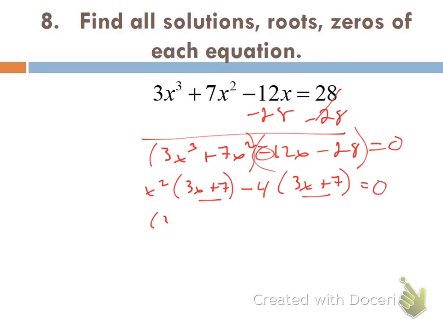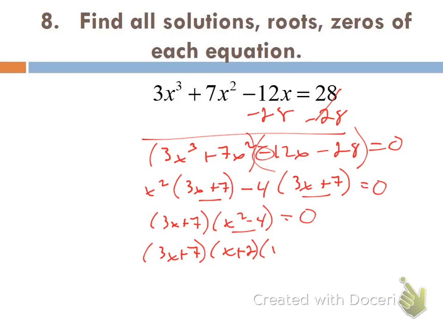So our factors are whatever's inside the parentheses times whatever's outside. But just keep factoring, right? Because we can factor that second set of parentheses into x plus 2, x minus 2. And then we can start setting all of our factors equal to 0.